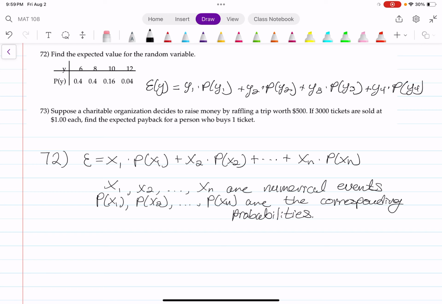So let's compute that. The expected value in this case is going to be 6 times 0.4 plus 8 times 0.4 plus 10 times 0.16 plus 12 times 0.04.